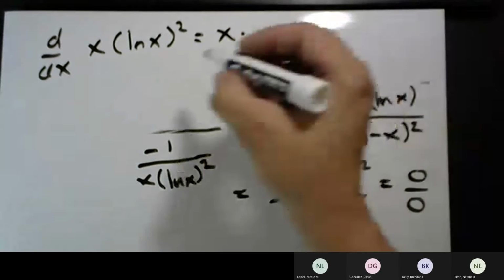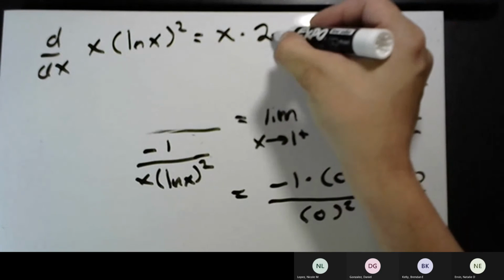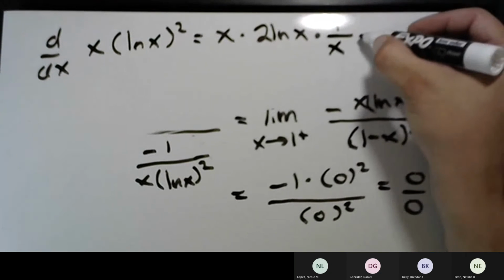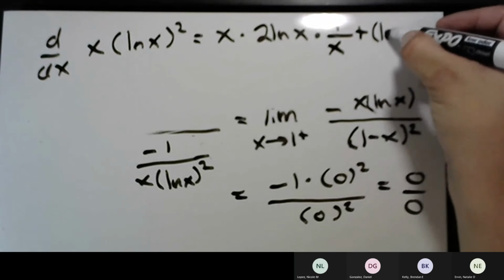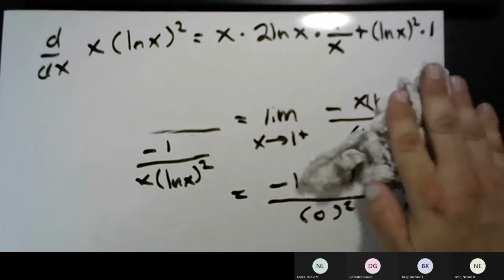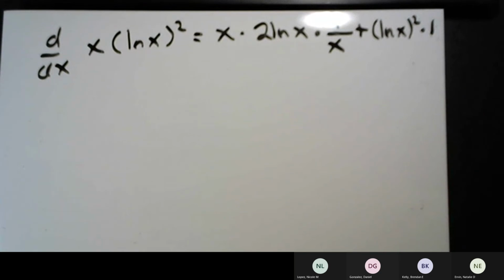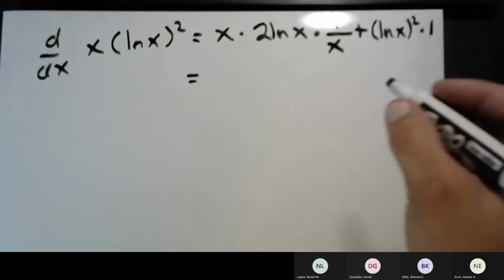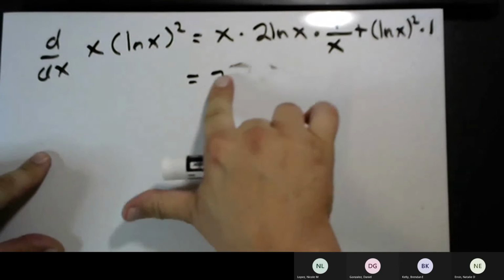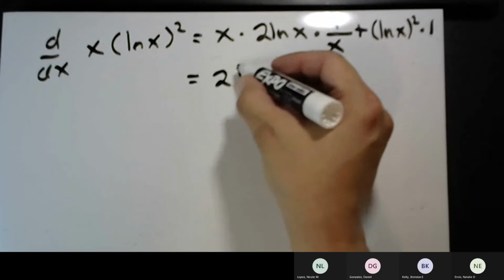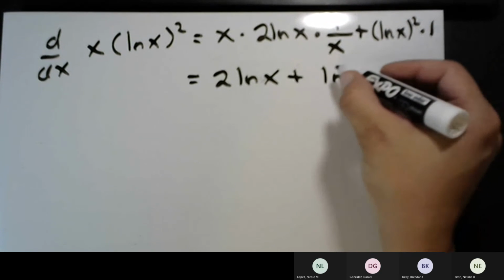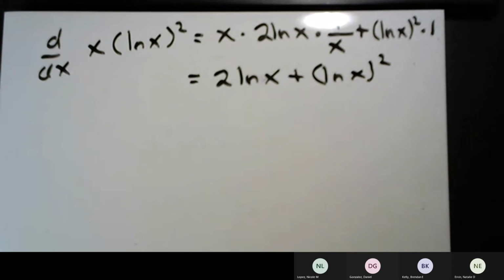We get x times, and then we'll use the chain rule here, 2 ln of x times the inner part, 1 over x, plus ln of x squared times 1. Ooh. So that is 2x ln of x times 1 over x, so our x's will go away. 2 ln of x plus ln of x squared.